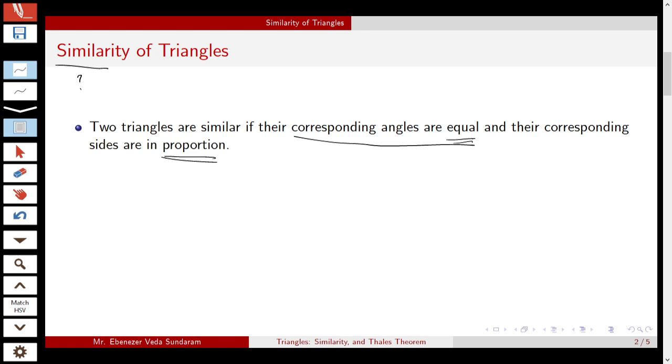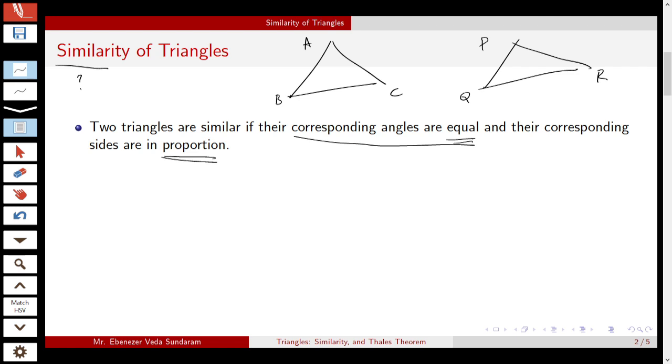There comes a question, what do we mean by proportion, right? So let's say we have a triangle ABC, and we have another triangle, let's name it PQR. Assuming that these two triangles are going to be similar, what does that mean? Triangle ABC being similar to triangle PQR means that the corresponding angles are going to be equal.